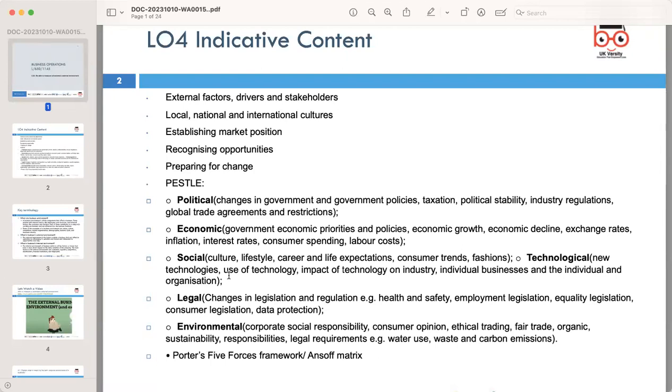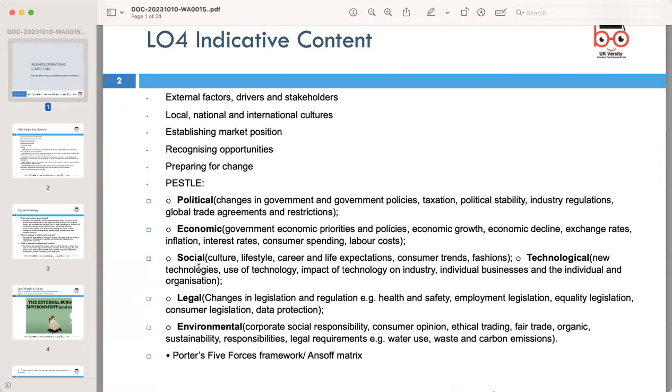changes in government, taxation, regulations, and international trade agreements. Then we come to the economic factors: economic growth, inflation, exchange rates, consumer spending, and labor costs. Then we talk about social factors, which include cultural trends, lifestyle changes, and consumer preferences.